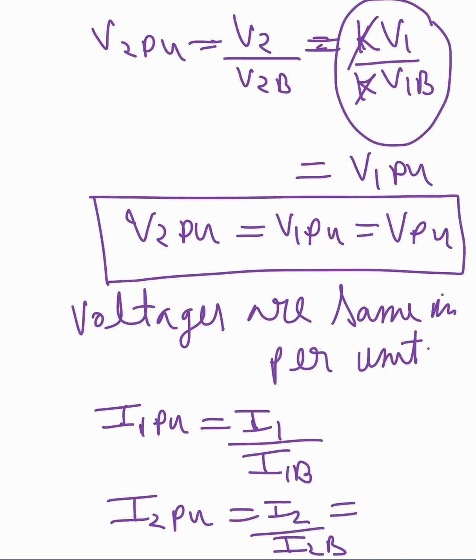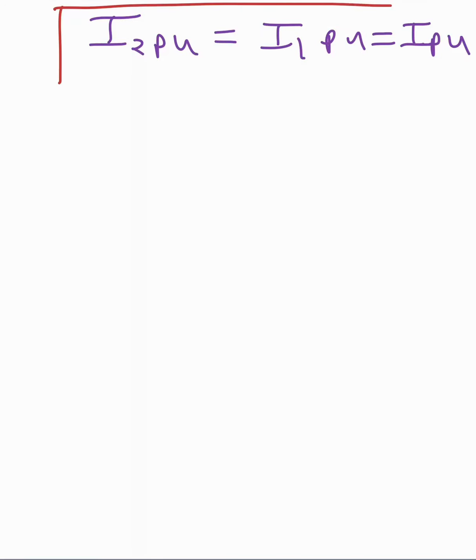We can write I2 is equal to I1 upon K, and I2B is equal to I1B upon K. So I2 per unit is equal to I1 per unit, and that is equal to I per unit. That is important: all the currents are same in per unit.